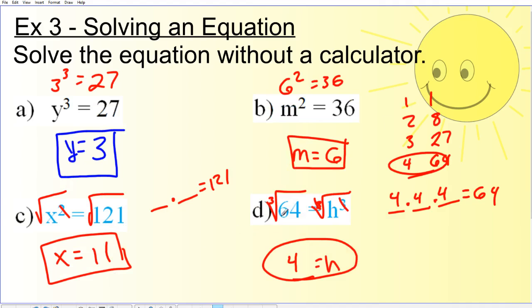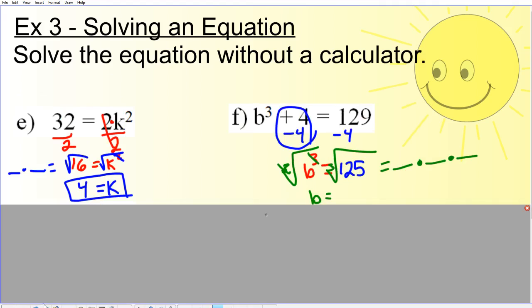You can look back at previous examples. You go, you know what? I know 4 was too small, and so was 1, 2, and 3, so you could just keep going from there if you need to, and try 5, and try 6, and 7, and 8, and you're going to find out these numbers get big very quick. The answer is 5. 5 times 5 times 5 is 125. So the cube root of 125 is 5.